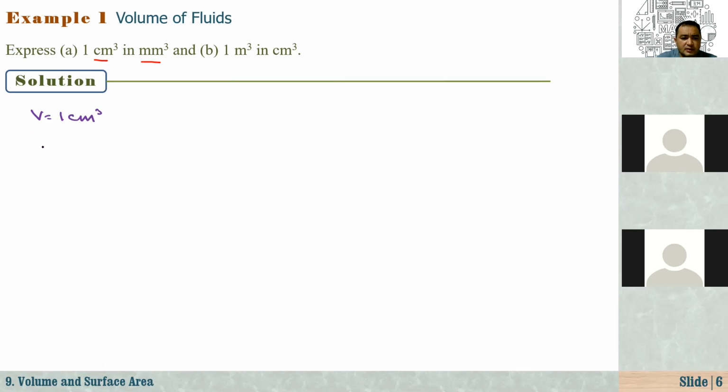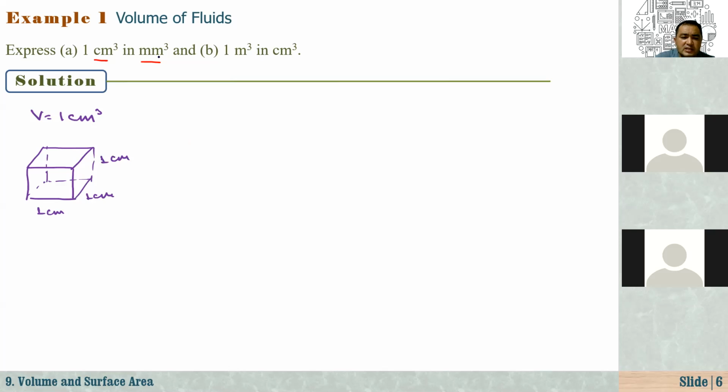We mean a cube whose side is 1 centimeter, all sides are 1 centimeter. This one is 1 cm, 1 cm, 1 cm, right?